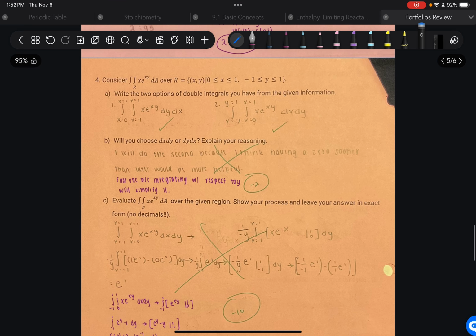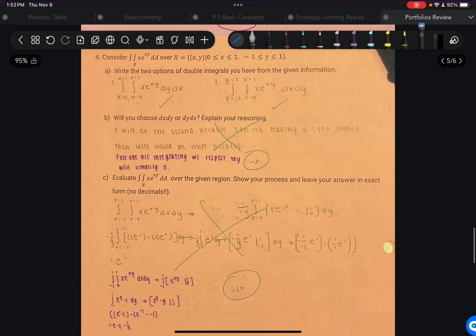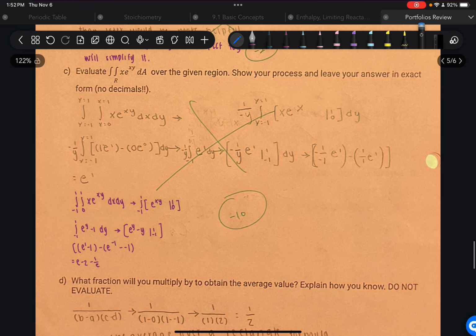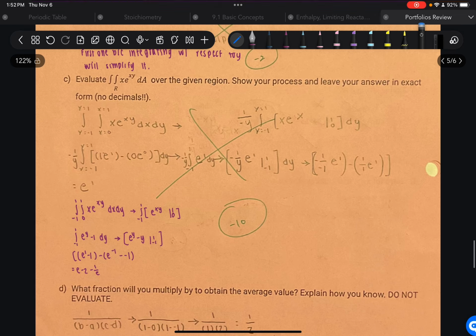And then for question number 4, I had a lot of trouble with double integrals, and it's still a topic that is a little hard for me. And I also just have a lot of trouble integrating things that have e in it, especially e raised to an exponent. So for part C, where I was doing the double integral, I didn't integrate correctly.